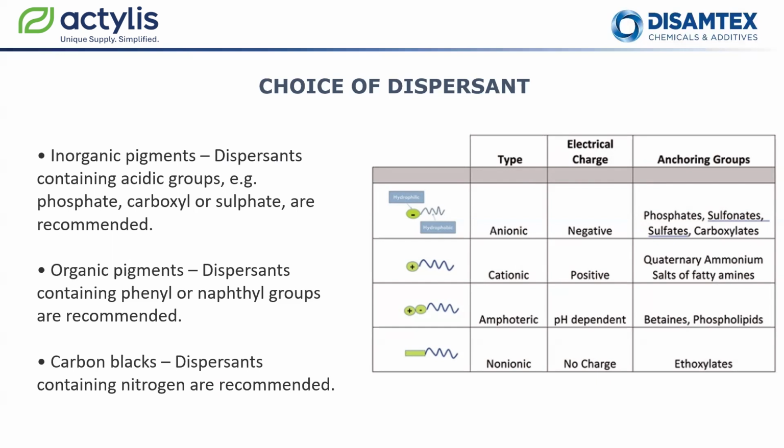Carbon blacks, due to their surface chemistry and high area, are best stabilized with nitrogen-containing dispersants. The table summarizes how electrical charge and anchoring groups define dispersant performance and stability.